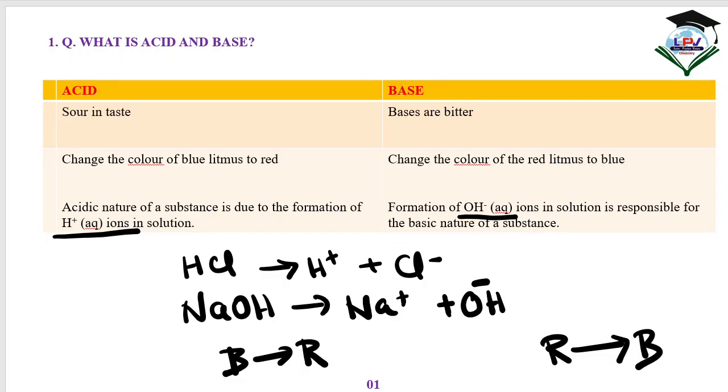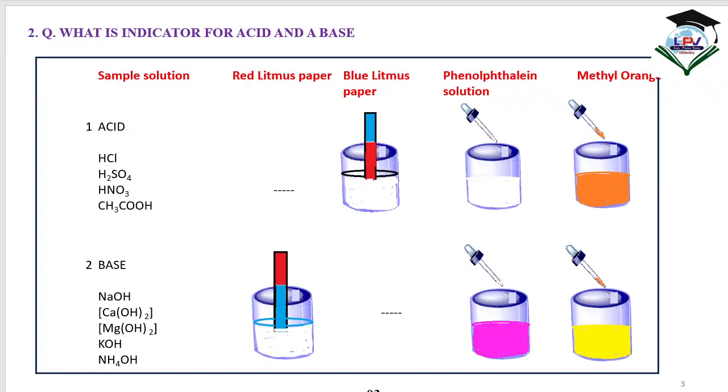Now we'll move on to the next question. What is an indicator for acids and bases? Question can be anything, like what happens when HNO3 is taken? The question can be very narrow, or in general: what happens if an acid is taken and a blue litmus paper is put inside it?